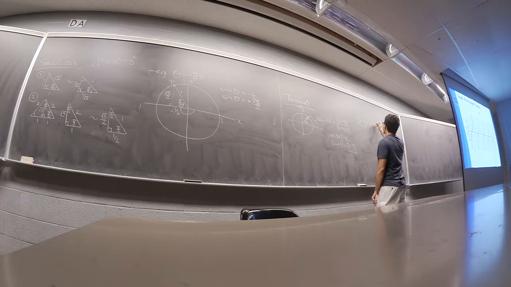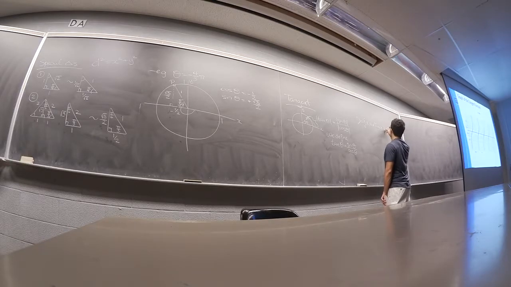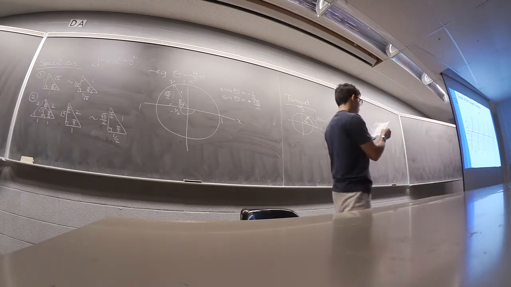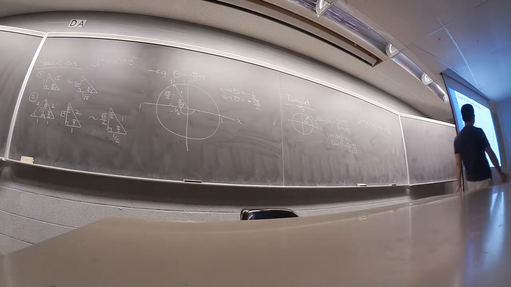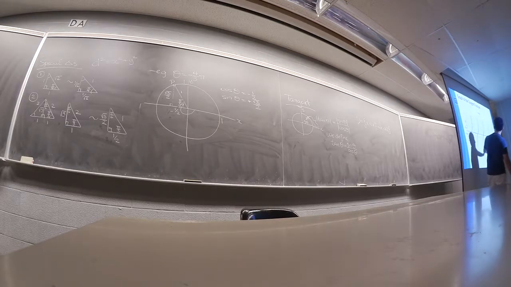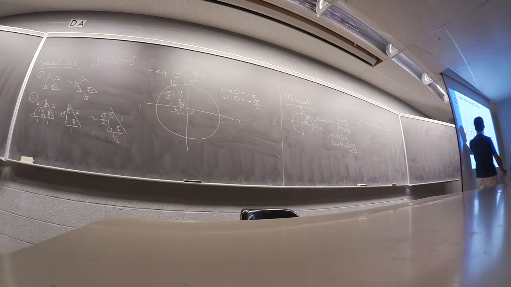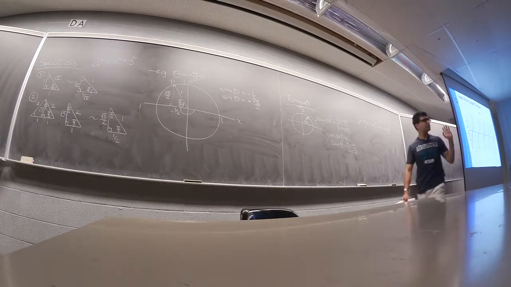All x such that x is not pi over 2 plus k pi, k an integer. Okay? So this thing doesn't work at pi over 2, it doesn't work at pi over 2 plus pi, pi over 2 plus 2 pi, pi over 2 minus pi, pi over 2 minus 2 pi, and so on. Okay?